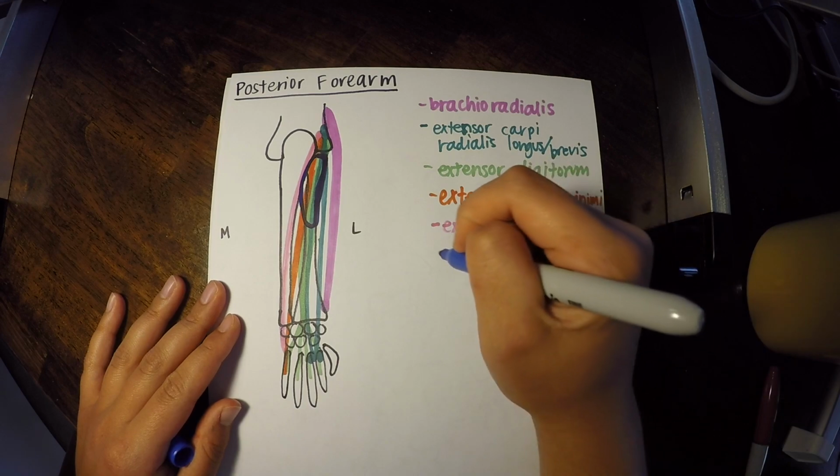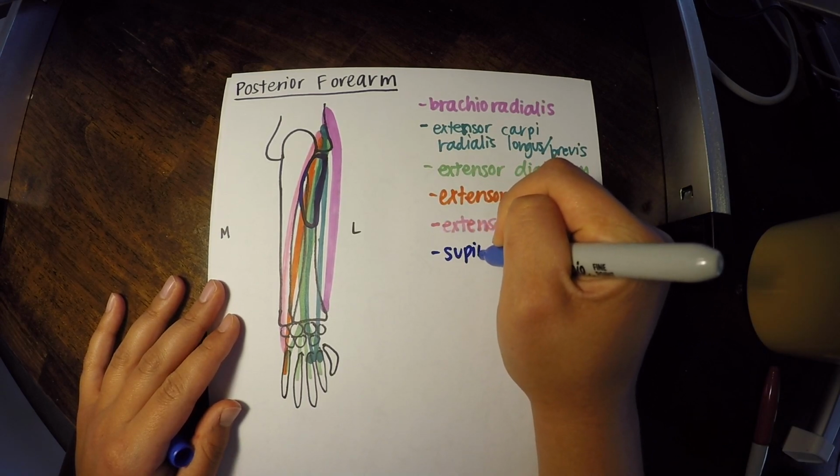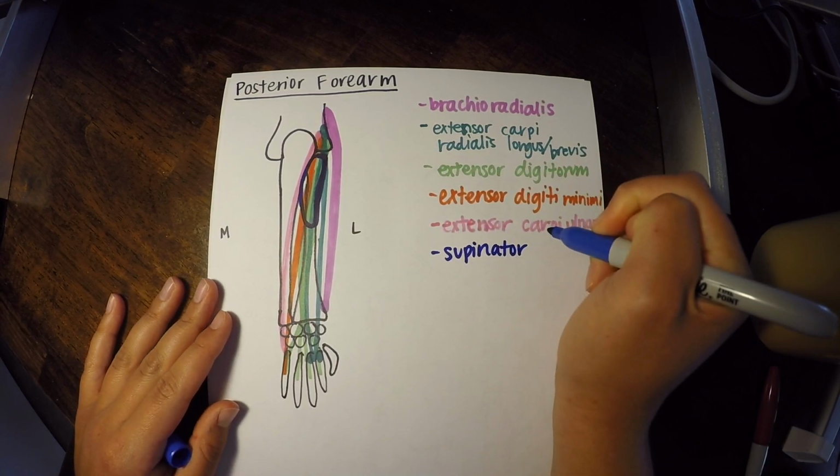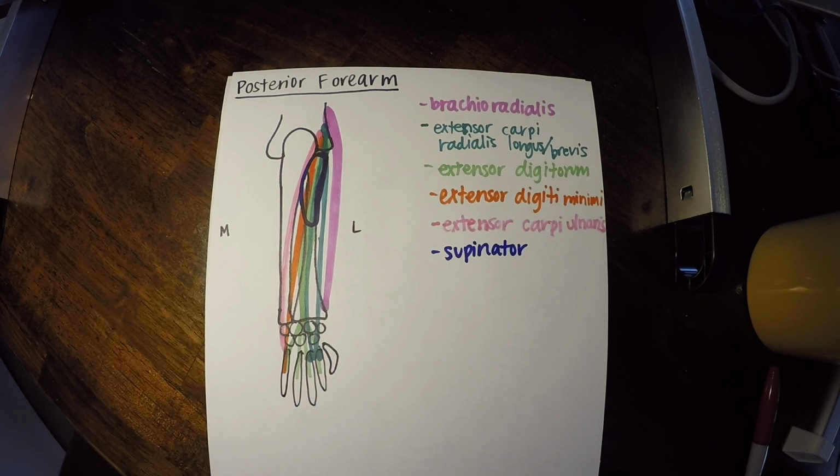So that's where a supinator is. And the action of that is it supinates the forearm. Now, those are the only posterior forearm muscles that I want us to know. Let's move on to the anterior forearm.